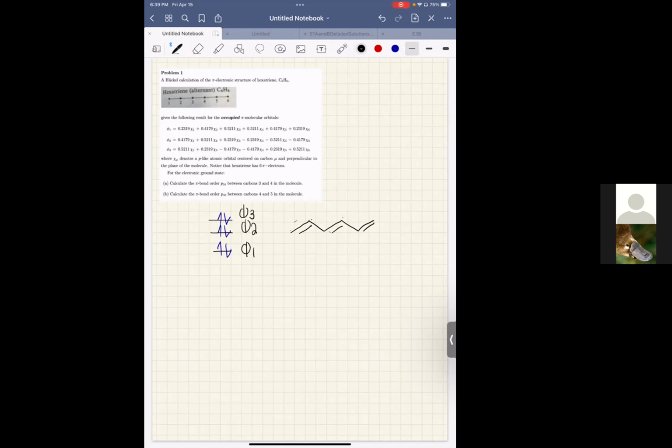And that equation is going to be the pi bond order, equal to the sum over i occupied of n_i times the coefficient.